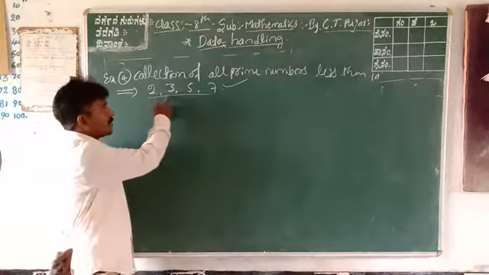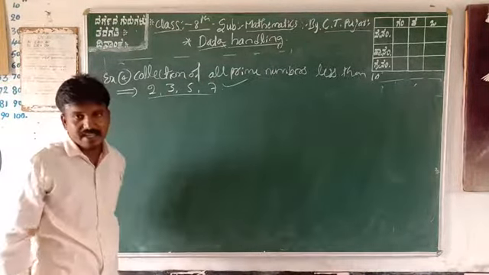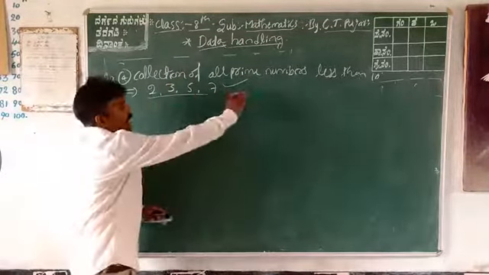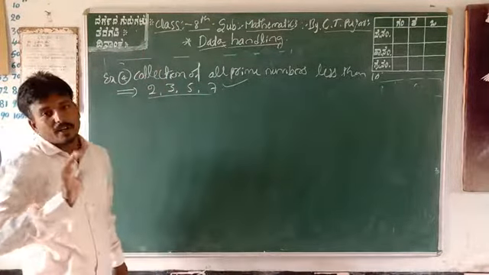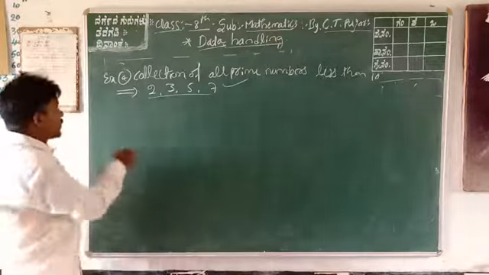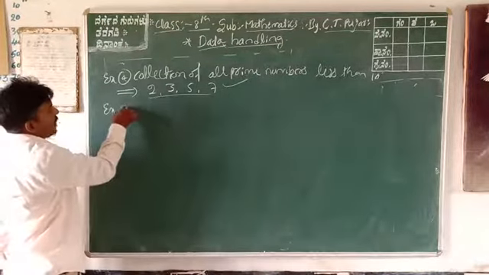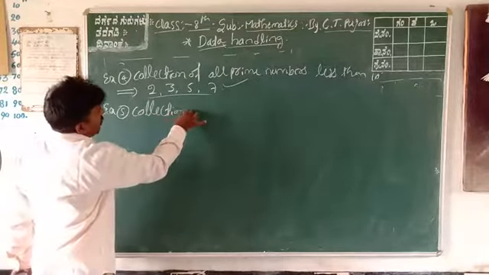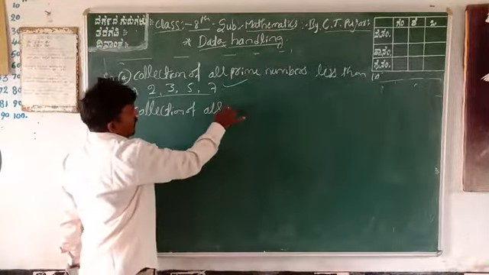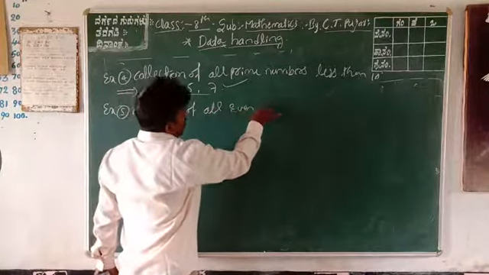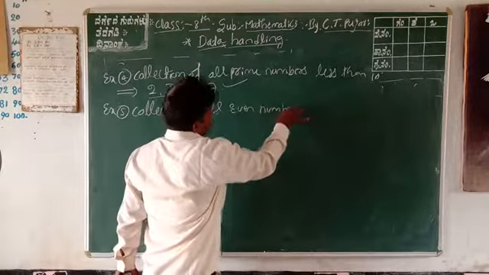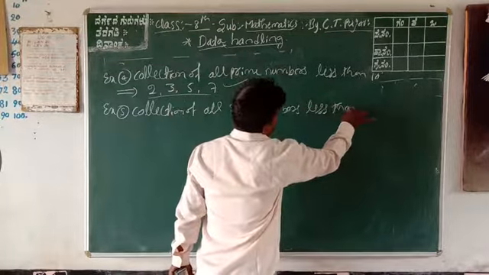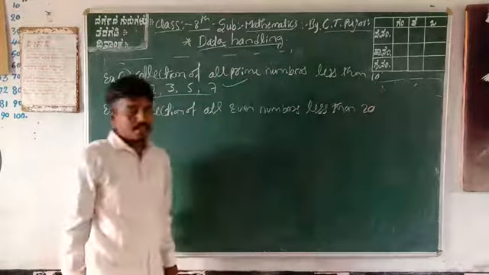Because all values are different, independent values are here. Therefore, you can write only directly row-wise. This is only ungrouped data. And the second example is what? Example number 5: collection of all even numbers less than 20.